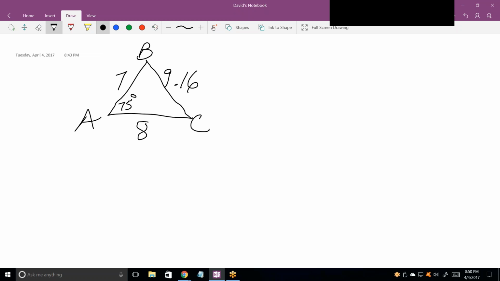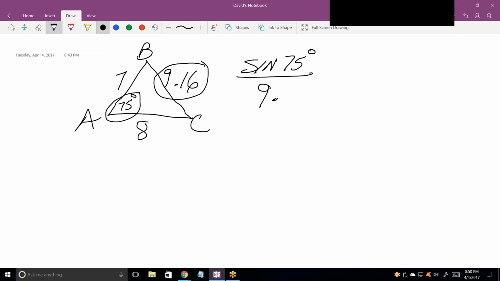In other words, now that I've got an angle and its opposite side, I can use the law of sines to finish it. So sine of 75 over 9.16 equals sine of B over 8. Okay? What's the next step to solve that?